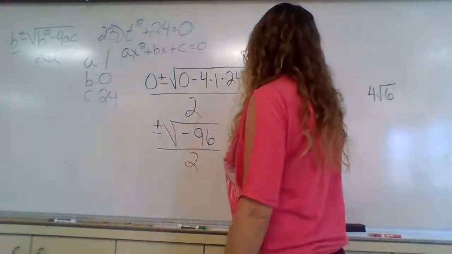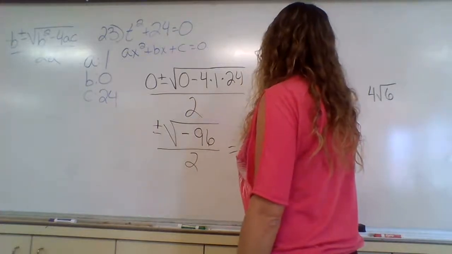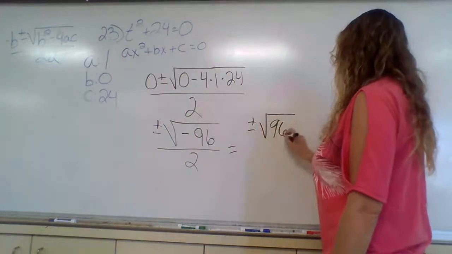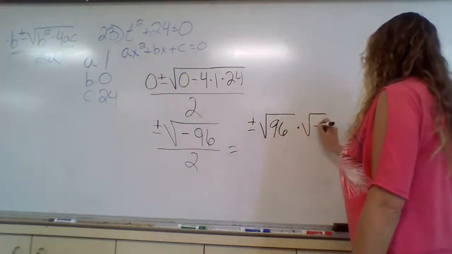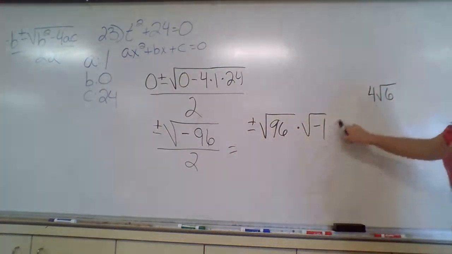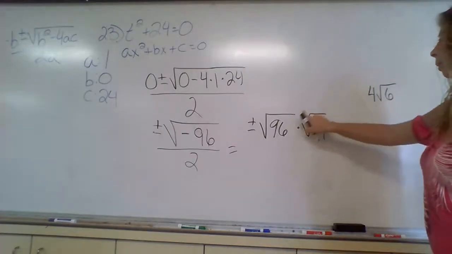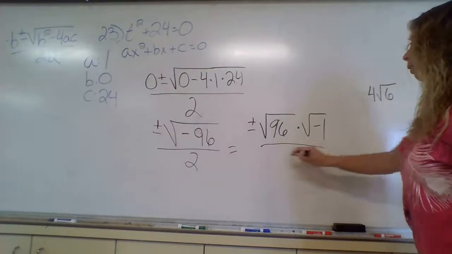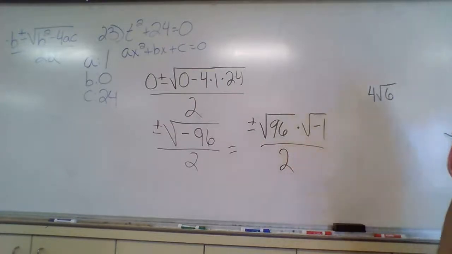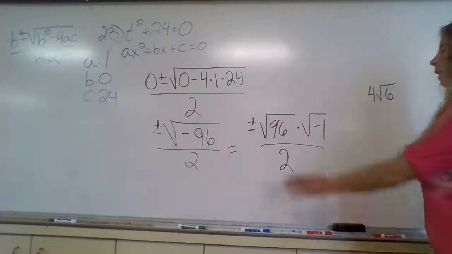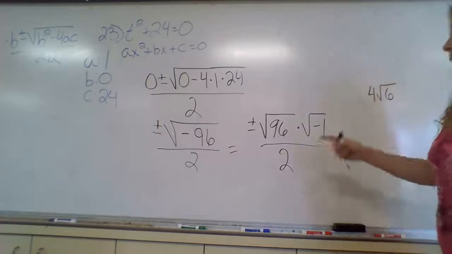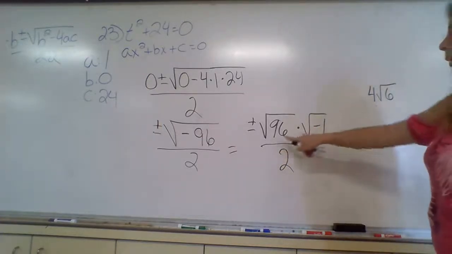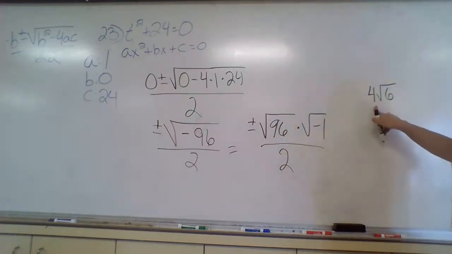This is going to be equal to plus or minus, I'm going to break it apart, the square root of 96 times the square root of negative 1. And this is what's going to turn into our i. Remember, i is equal to the square root of negative 1. So I separated it, and this is still all over 2. I think maybe that's easier if we do that step first. So then we factored 96, and we got the square root of 96 is equal to 4 times the square root of 6.